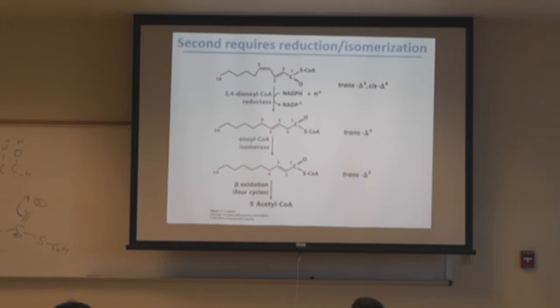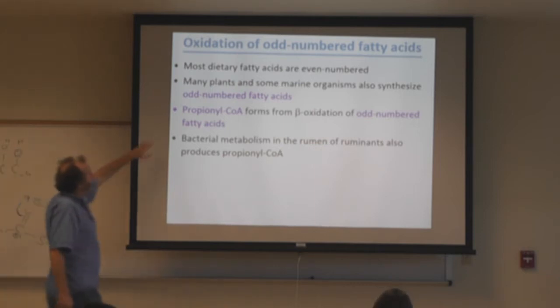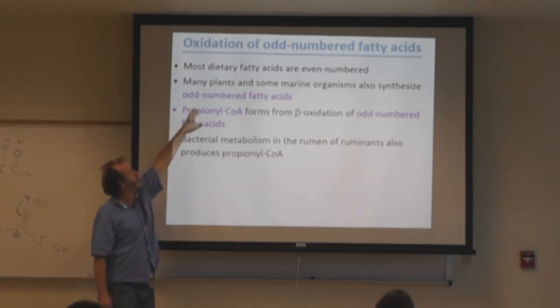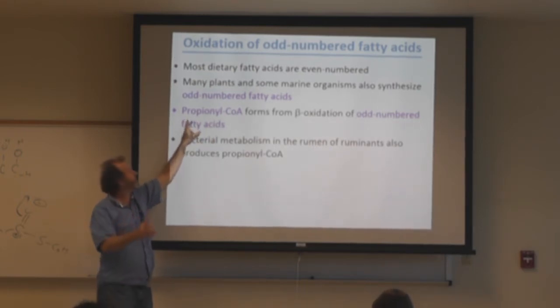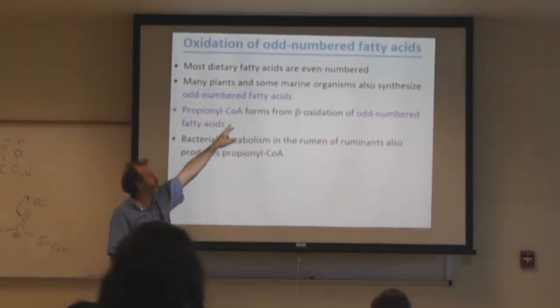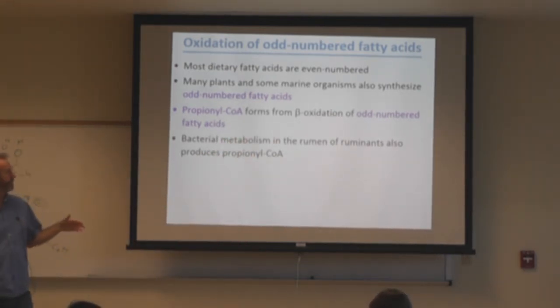So now we were talking about odd fatty acids. Odd numbered fatty acids are not the most abundant kind of fat that we're eating. Most dietary fats are even. Many plants do synthesize odd number fatty acids. And the final product we get from this is propionyl-CoA, which forms as the last beta oxidation step.